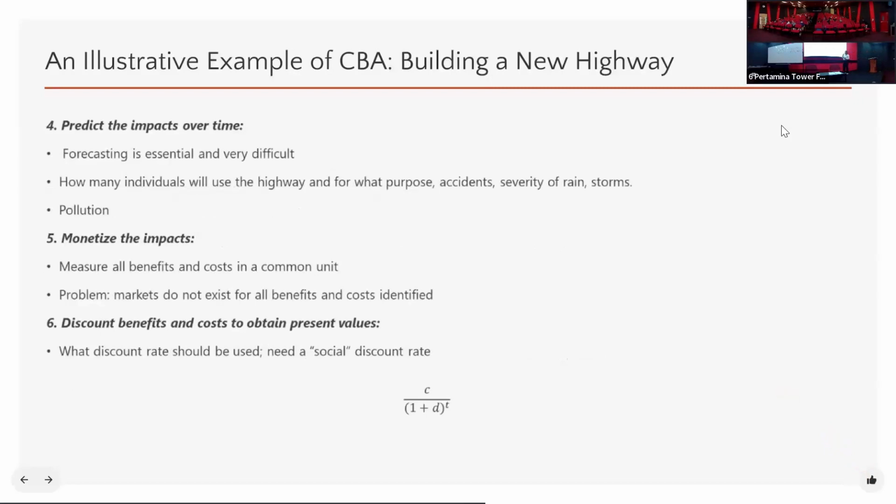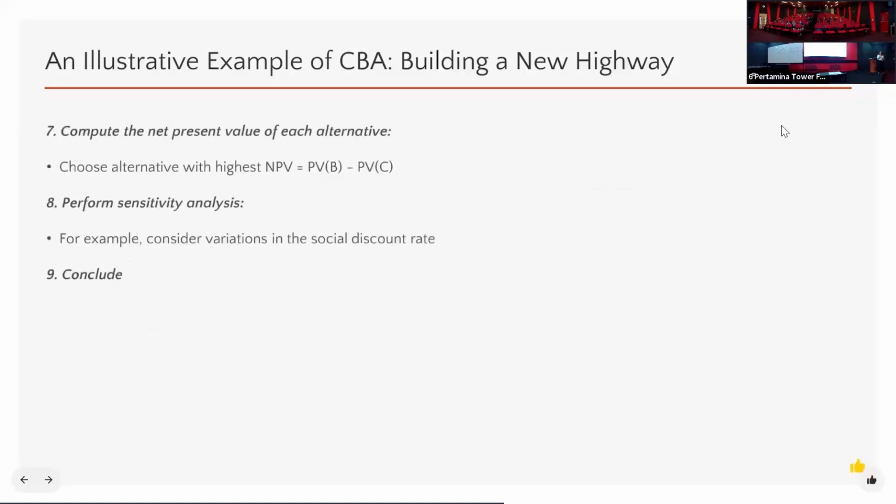So this social discount rate, okay, would be C divided by (1 plus D), where D is the discount rate, to the power of T, the time, okay? This discount rate should be the social one, okay? Usually we use interest rates, or we use inflation just to perform a bit of sensitivity analysis.